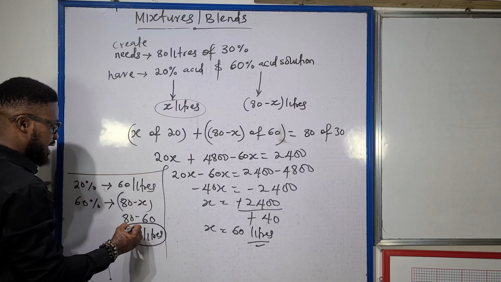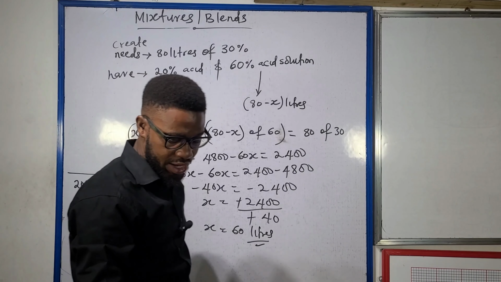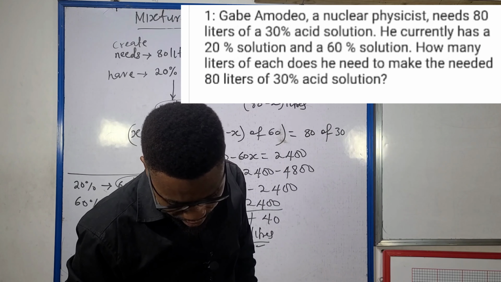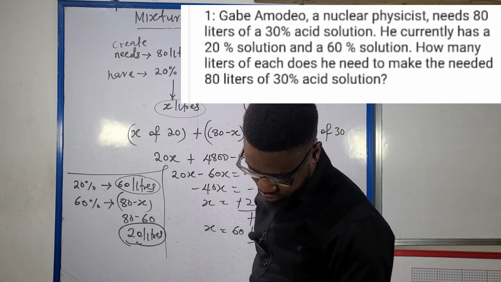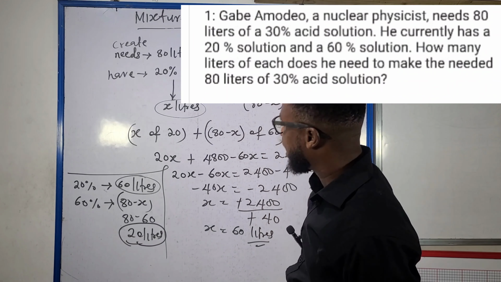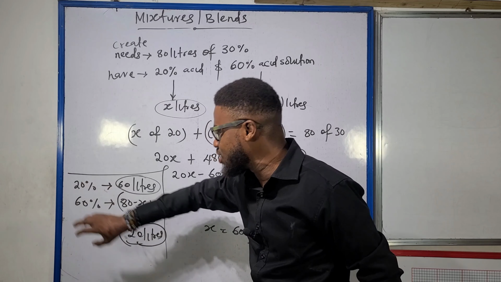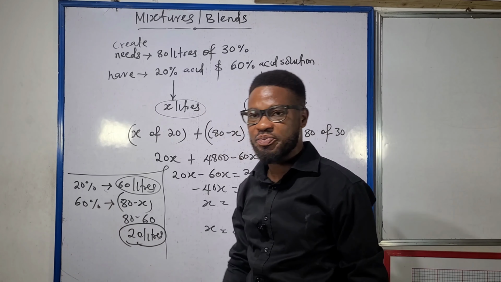And that just answers the question. 60 liters and 20 liters. You want to look at the question again. The question says, how many liters of each does he need to make the needed 80 liters of acid solution? So you need 60 liters of the 20% solution and you need 20 liters of the 60% solution.